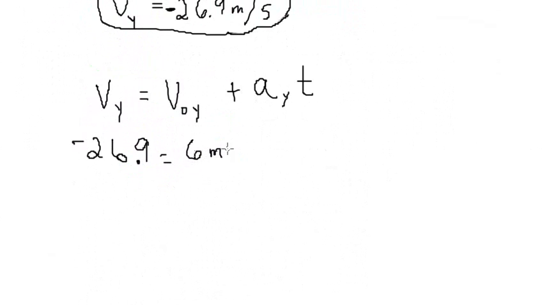Let me erase the units because I said I wasn't going to write that. So 6 meters per second is the initial velocity. The acceleration due to gravity is negative 9.8 meters per second squared, and finally time, which is what we're looking for. So to solve this, I'm going to move the 6 over to the other side.